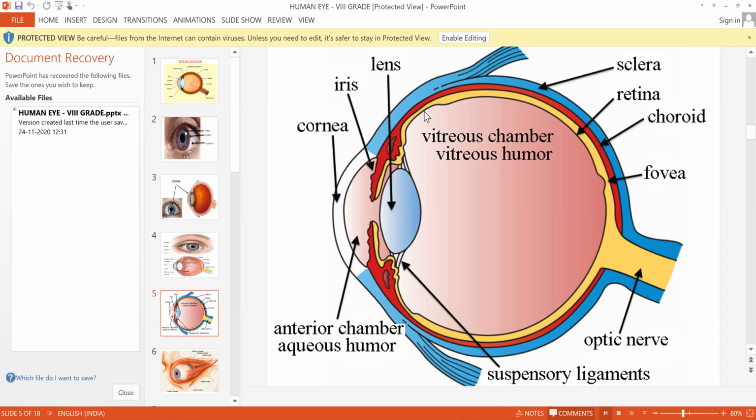Then that ray goes from the lens to the retina, from the retina to the optic nerve, and from the optic nerve to the brain, and the brain sends impulses, and those impulses you see as an image. So reflections are not required. This retina has a property of preventing reflection of light. This is what you have to understand.